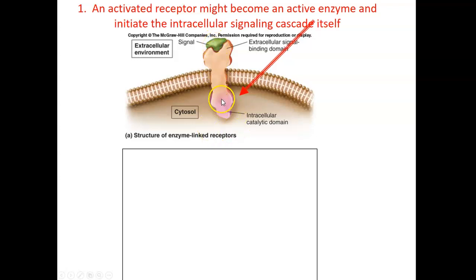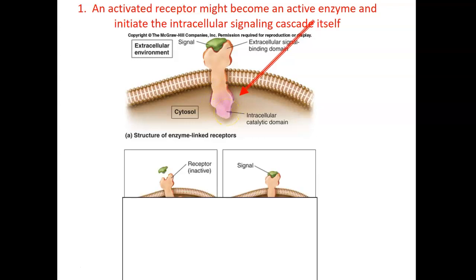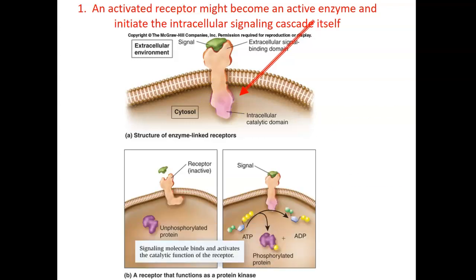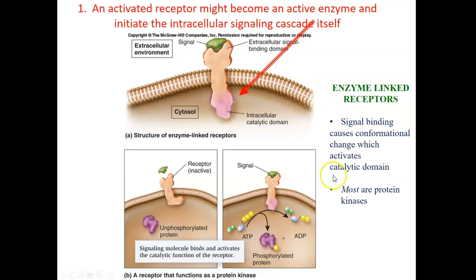Upon ligand binding, we're going to have a conformational change in the receptor, and that conformational change is going to lead to catalytic activity. So this intracellular portion is going to be what drives the signaling cascade within the cell. For the most part, these are going to be involved in having kinase activities. And what is kinase?